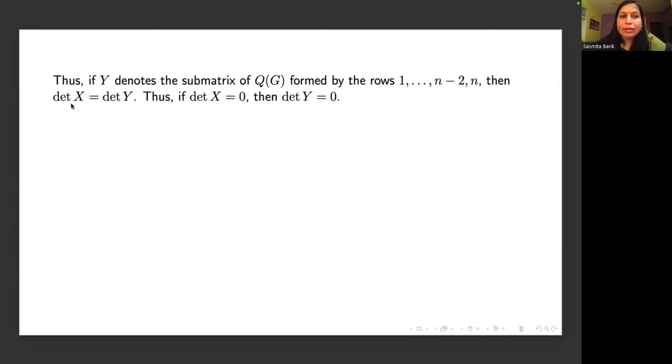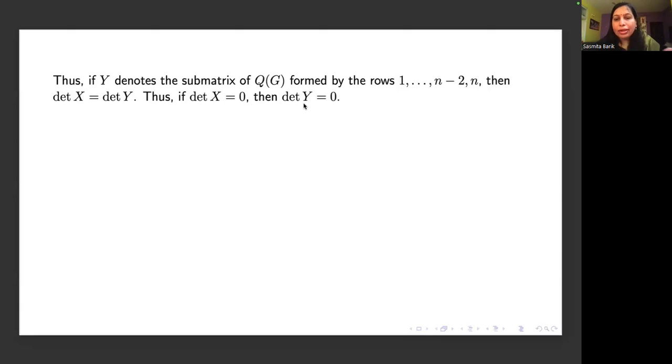So whatever the determinant is, it will be the same as the determinant of Y if I take these rows and form the Y. This tells us that if the determinant of X is 0, then the determinant of Y will be 0.